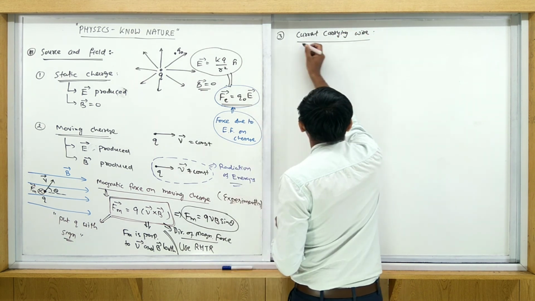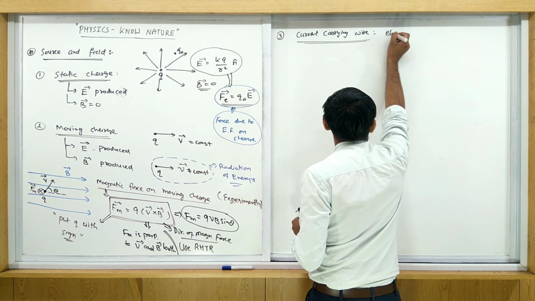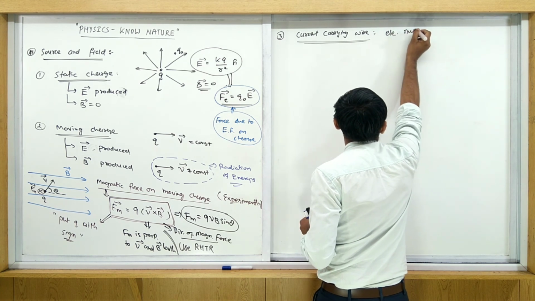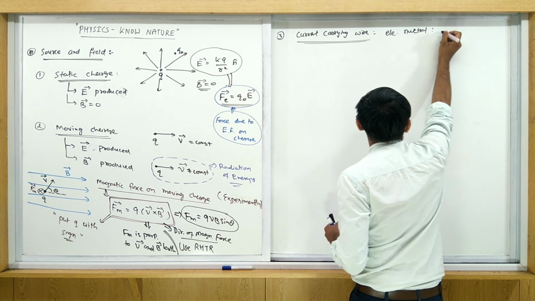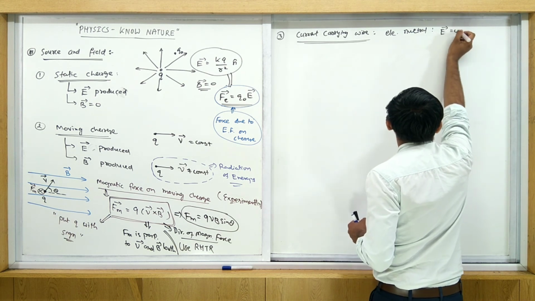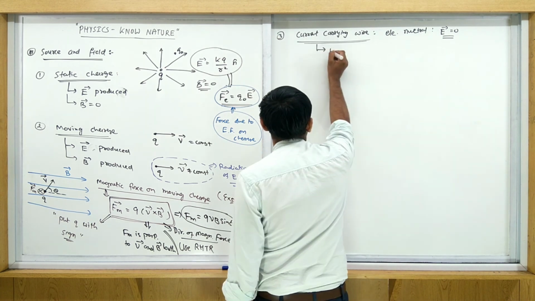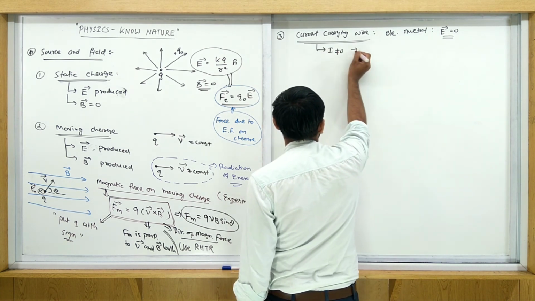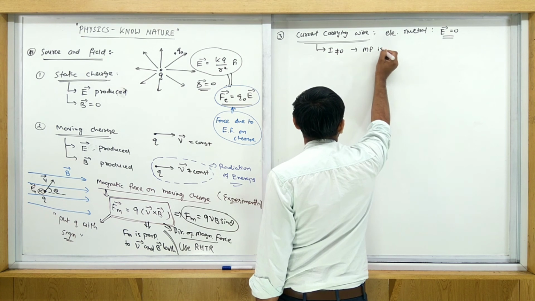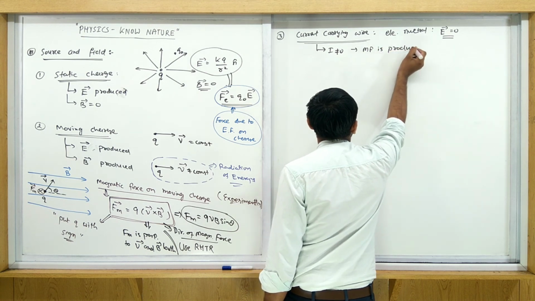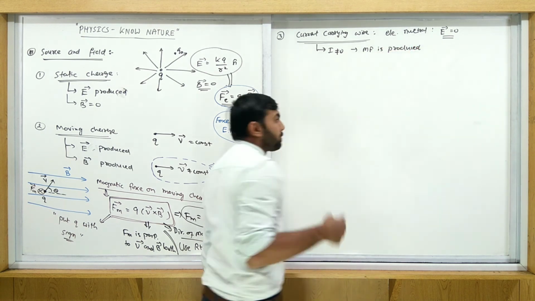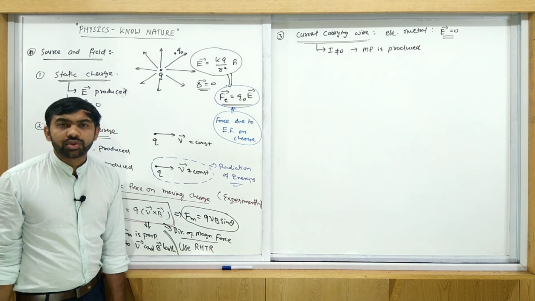Then this wire is electrically neutral. It means the electric field is 0. Current carrying wire means I does not equal 0. If I does not equal 0, then a magnetic field is produced. So based on different sources, you give your answer.